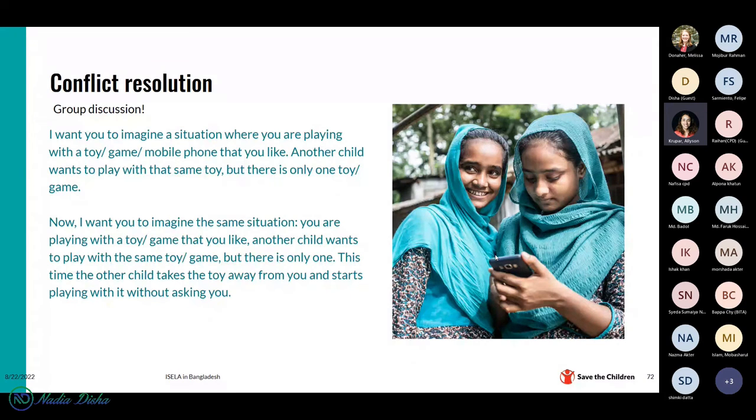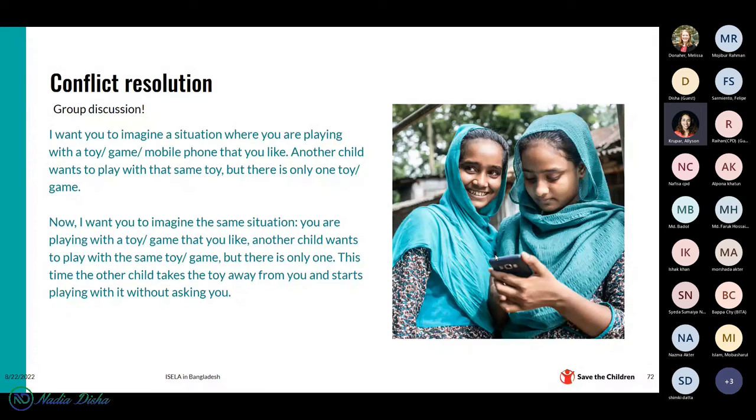Now imagine the same situation, that they're playing with the toy or game and the other child wants to play with it. There's only one. This time the other child takes the toy and starts playing with it without asking you. So let's say this other girl who's not holding the phone grabs it and takes it out of her hands. And basically what we're asking is, what would you do?